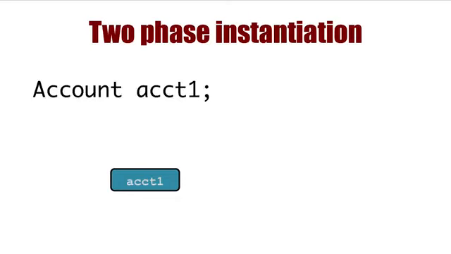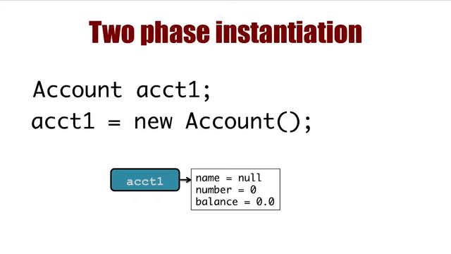Creating an object really takes two phases, which can be seen better here, where we have opted to use two lines of code to create the object. The first line of code creates the reference to the object, but in actuality, no object has been created in memory yet. The second phase creates the new account object and causes the variable to point to it.